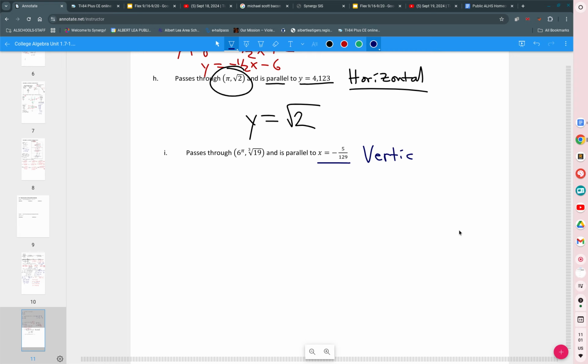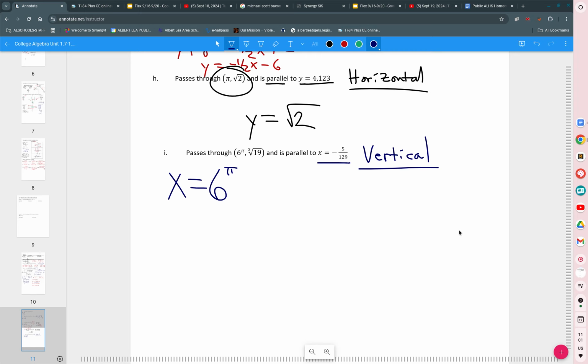No, it's not. Why? That's the Y value. But we took the X. Oh, no. It is. Okay, I heard it. It's a vertical line. What kind of lines are parallel to vertical lines? Vertical lines. So is it going to be x equals or y equals? X equals. And what is the x value it goes through? 6 to the pi power.